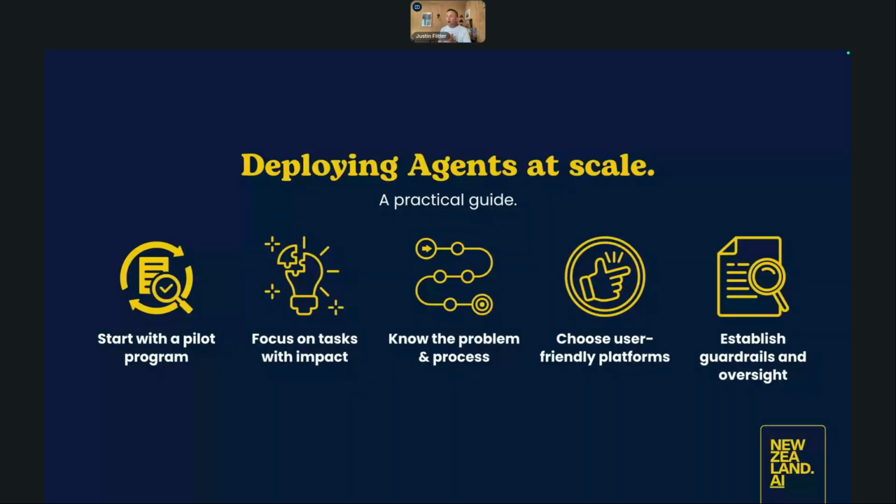And then we're going to establish the guardrails and continual oversight, right? So what are the things that it's not allowed to do? When is there a human in the loop? What are our rules and guidelines around data into it?